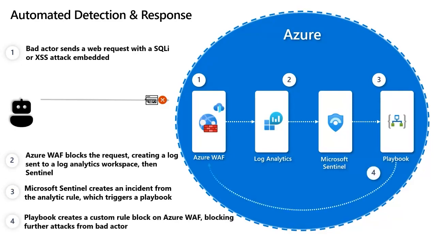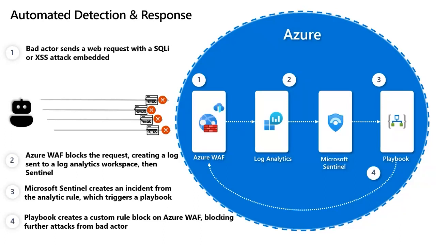This playbook then makes a REST API call against the Azure WAF and either creates a new custom rule if one doesn't exist, or updates an existing custom rule with the malicious actor's public IP configured in the match variables. And just to answer this question, if anyone has this in mind, if you have multiple attackers, all the different IPs will be assigned to the match variables as well.